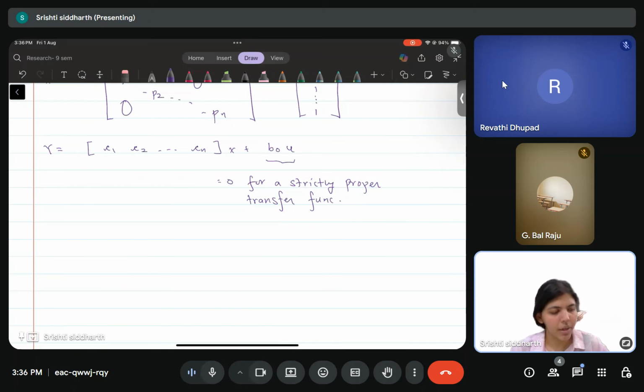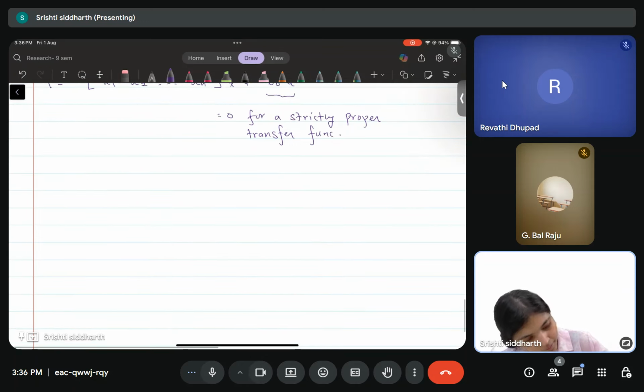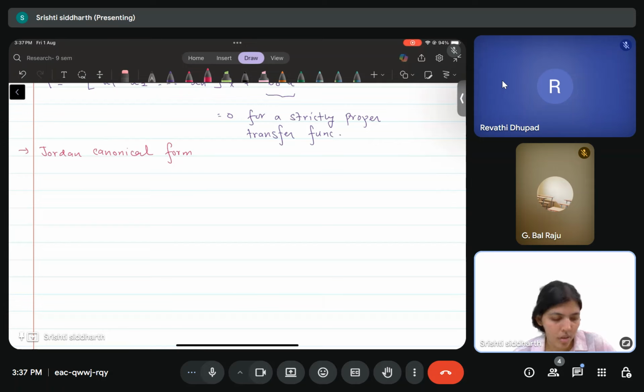Now let's look at multiple eigenvalues. We call it the Jordan normal form, the Jordan canonical form, with multiple eigenvalues at the same location.